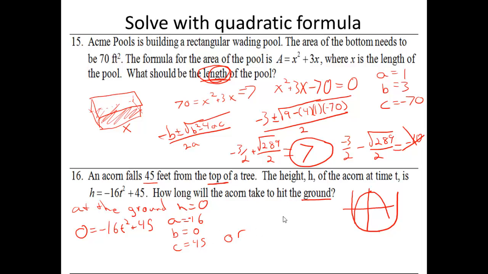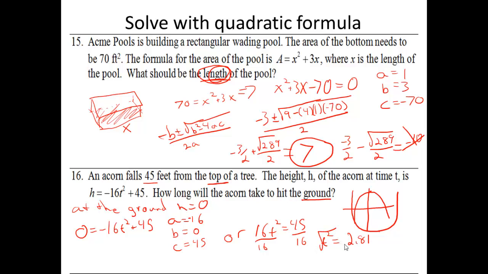Or we can move this equation around some. We can say that 16t squared is equal to 45, divided by 16 on both sides. And we see that t squared is going to be equal to 45 divided by 16, which is 2.81.